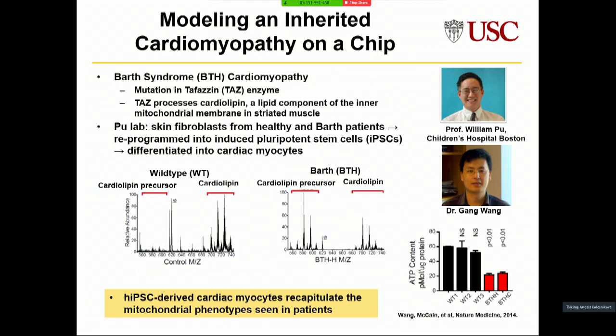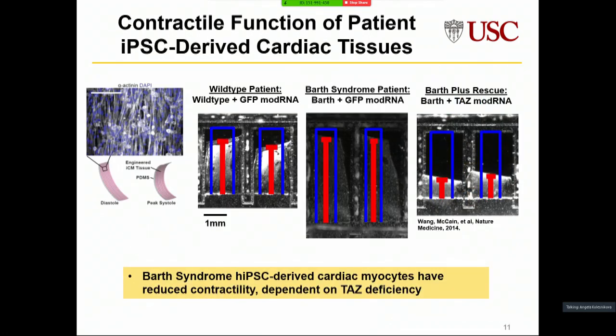And another important thing here is we had 3 wild-type patients and 2 patients with Barth syndrome that had different types of mutations. So that's another huge advantage of this technology: we can get at allele-specific effects and functional outputs. So ultimately, we wanted to look at the contractile phenotype of these cells and identify ways of potentially rescuing it.